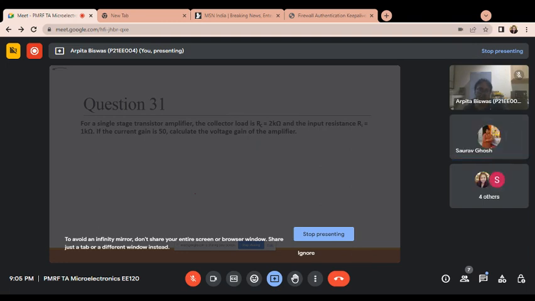Just take AV equal to 100 times the current gain into the output resistance RC by RE.